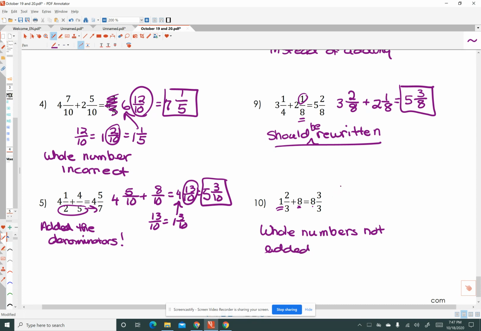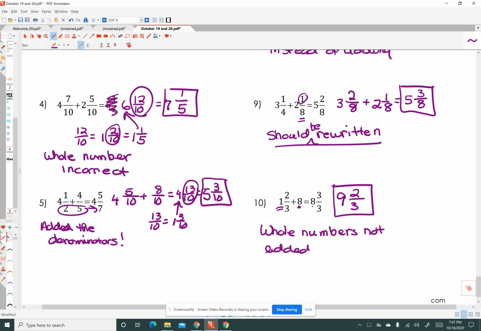So 1 and 8 are 9. We're working in thirds. 2 plus nothing is 2. So it should be 9 2/3.